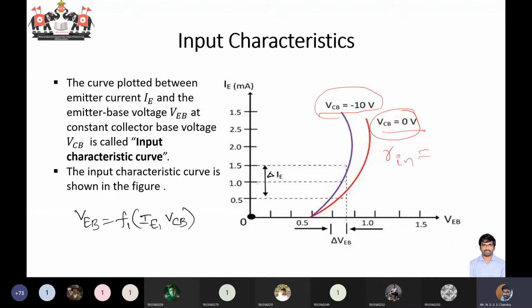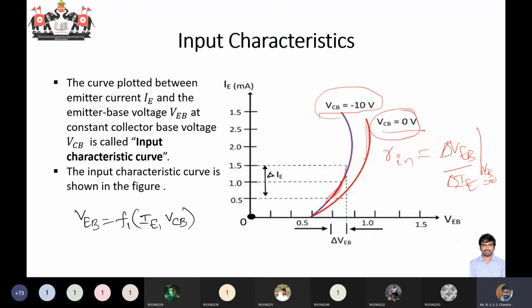What will be your dynamic resistance? Forward dynamic resistance, delta V by delta I. So it is delta VEB by delta IE. This is only for this graph, for VCB equal to 0 volts. Similarly, I can fix VCB equal to minus 10 volts and get the dynamic resistance for that graph.